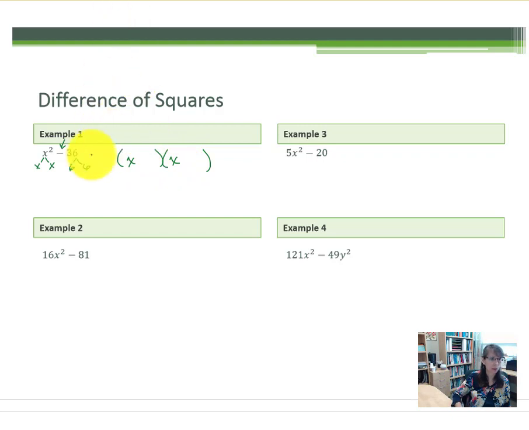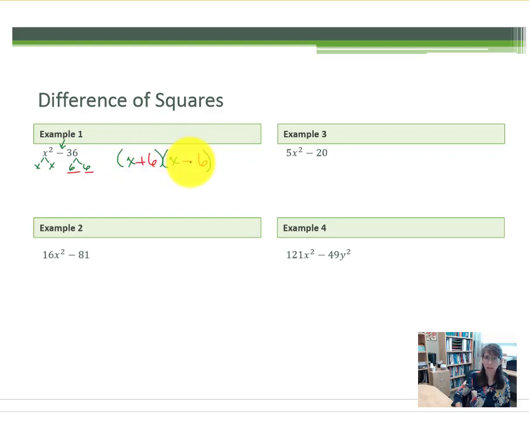And then working with 36, we know that 6 times 6 makes 36, so that fills in the last term of each binomial. Now the only thing remaining is for us to account for this minus. It is a negative 36. So the only way that we could have 6 times 6 to make negative 36 is if one 6 is positive and the other 6 is negative. So this is the answer.